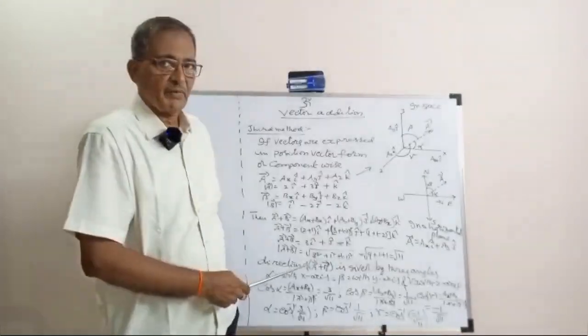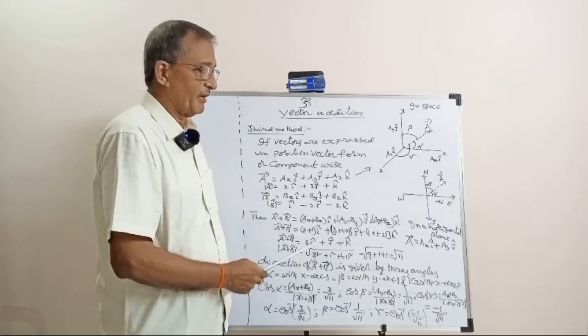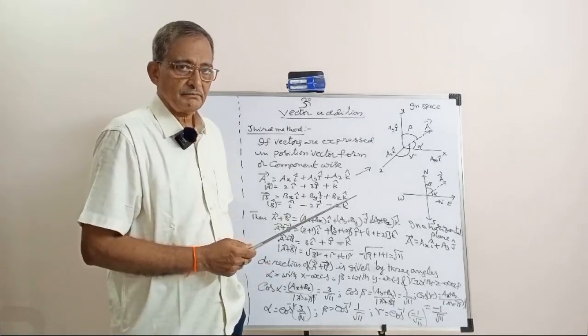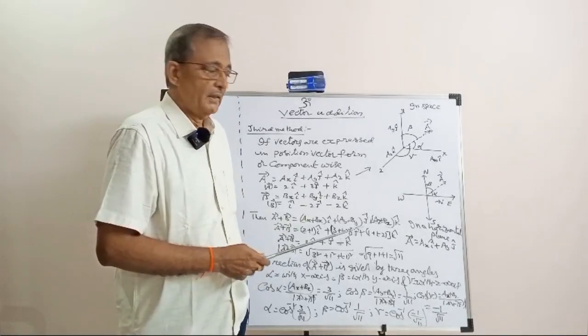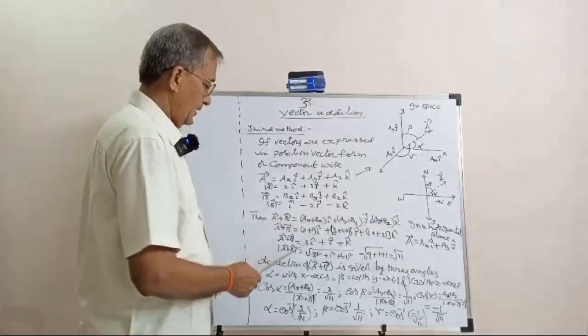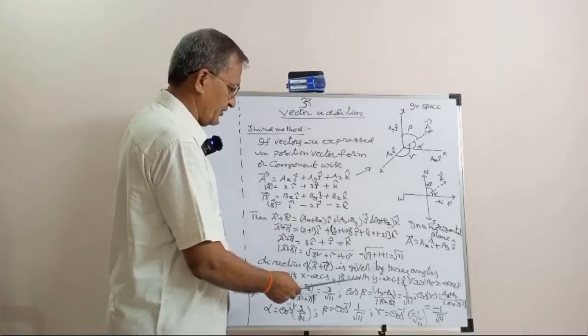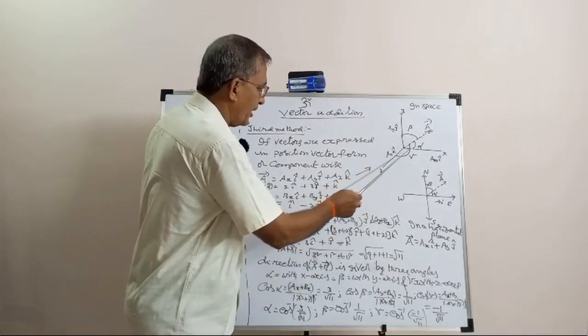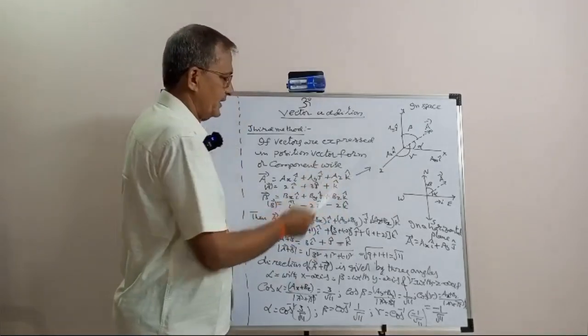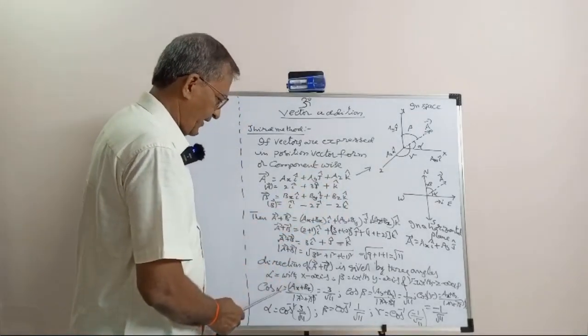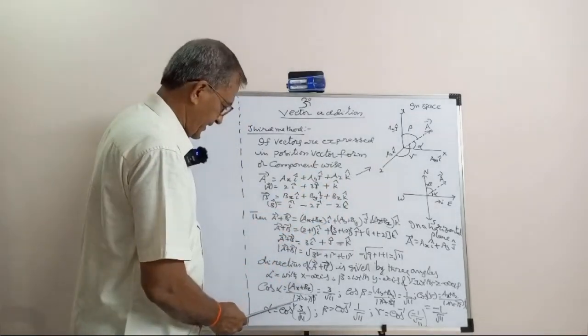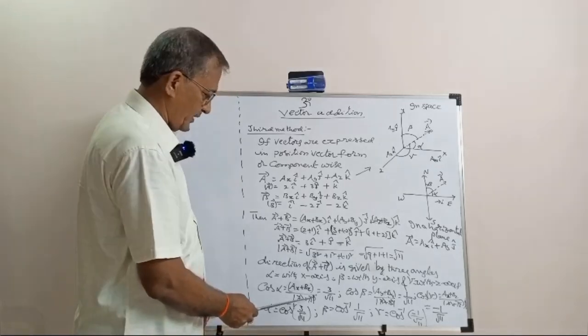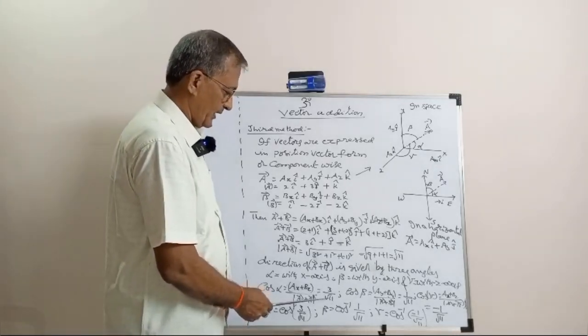Now, the direction of A bar plus B bar is given by three angles in terms of their cosines. So, alpha with the x-axis, beta with the y-axis, and gamma with the z-axis. Cos alpha is Ax plus Bx by the modulus of A bar plus B bar, which is 3 by root 11.